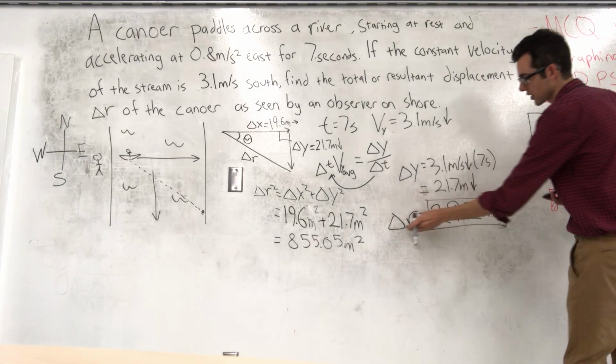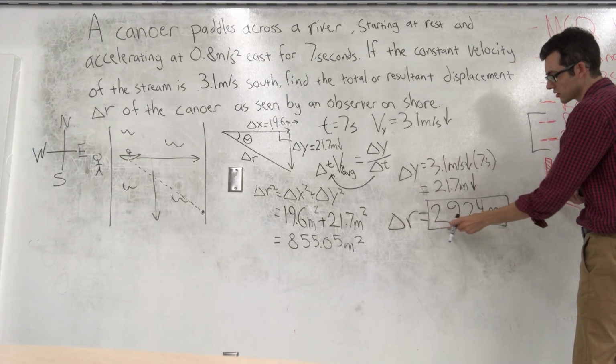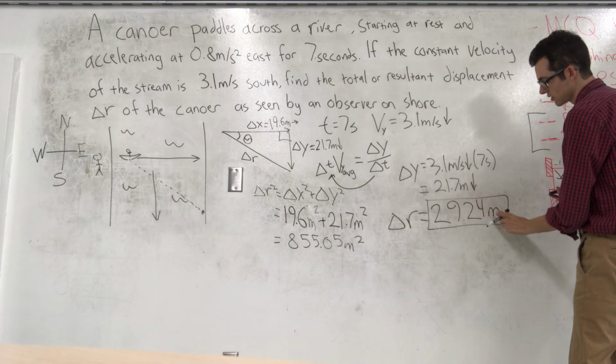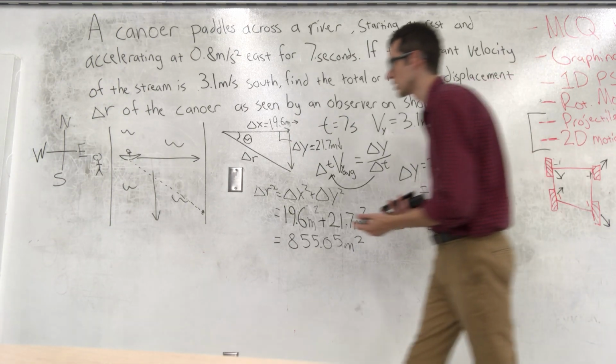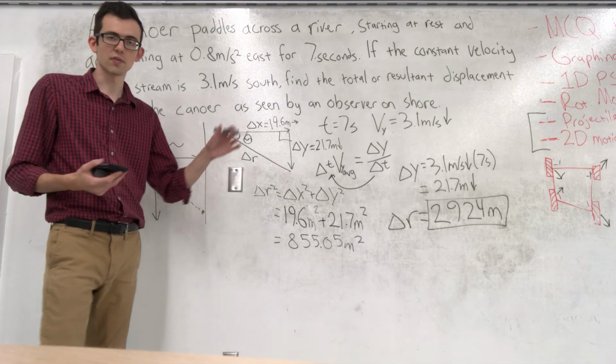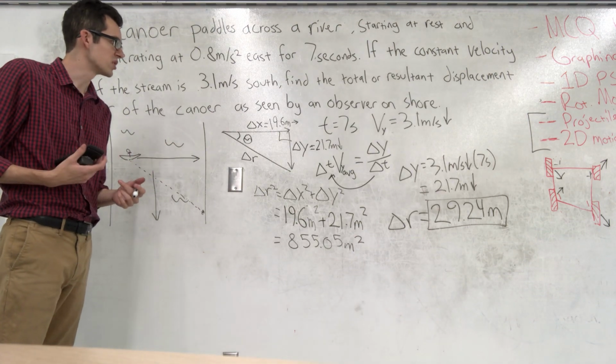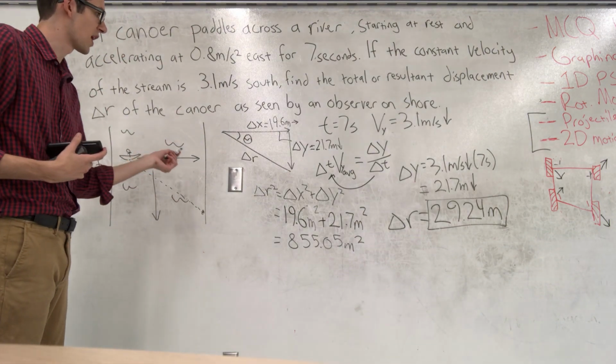Whenever you're reporting a vector value like displacement, we need to report not only the magnitude with its number and its units, but also the direction that it's in. That's where we'll need to find theta. We can use any trig function. I'm going to use my favorite trig function, sine, and we'll use the inverse of this trig function to find theta.